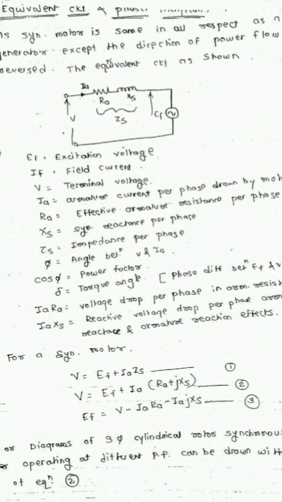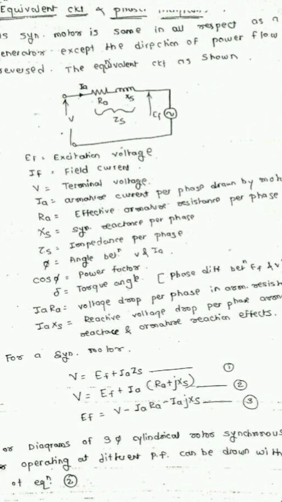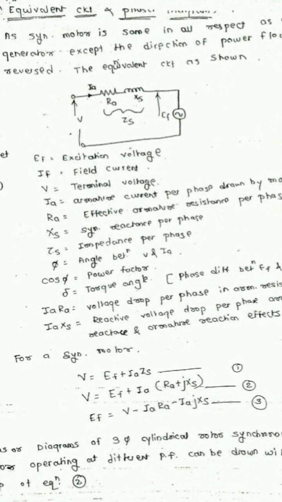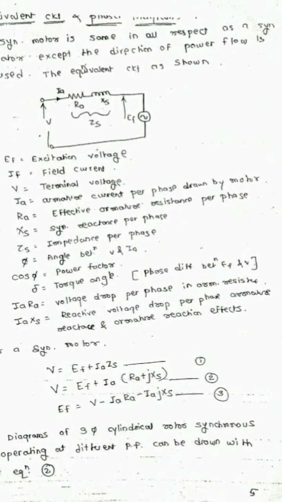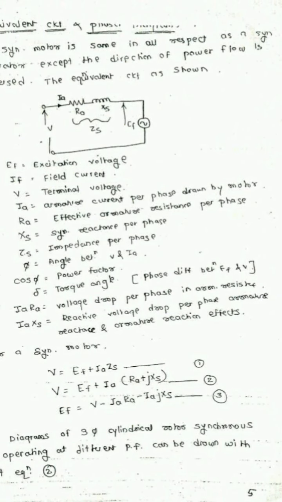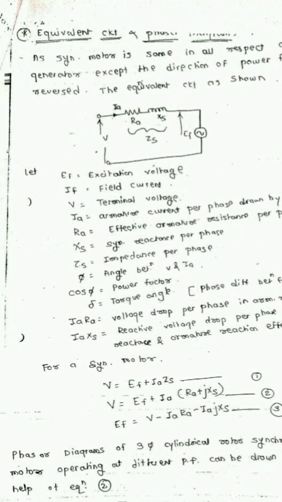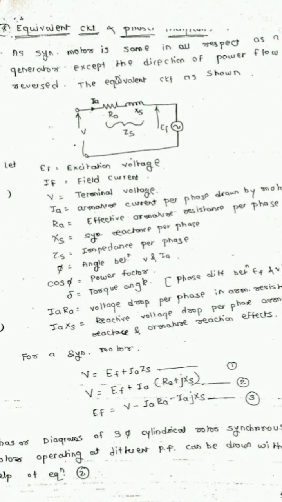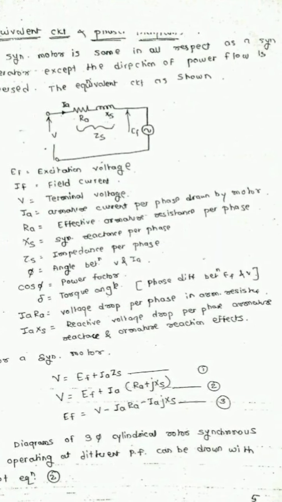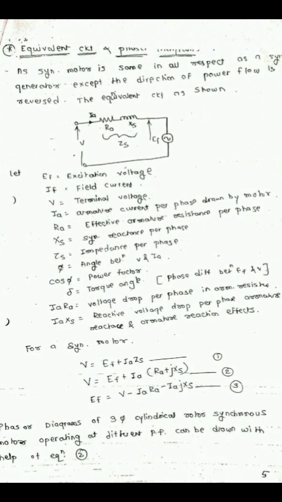Phi is the angle between V and IA, cos phi is the power factor, and delta is the torque angle, the angle between the excitation voltage EF and the terminal voltage. IRA is the voltage drop per phase in armature resistance, and IXS is the reactive voltage drop per phase due to armature reactance and reaction effects.